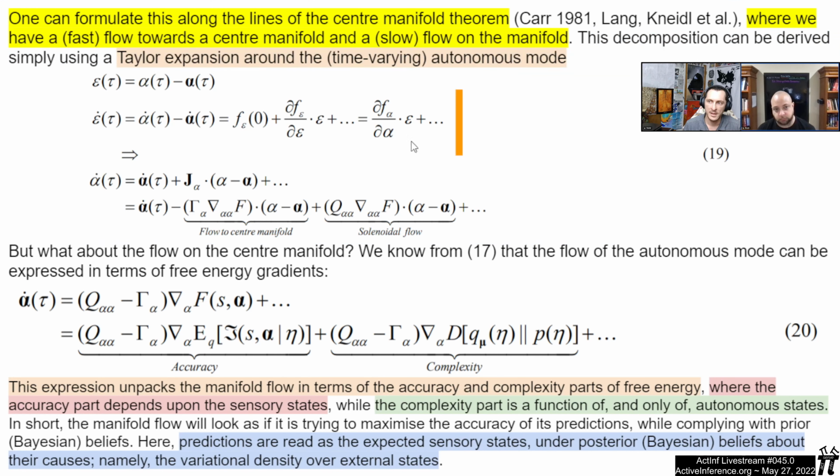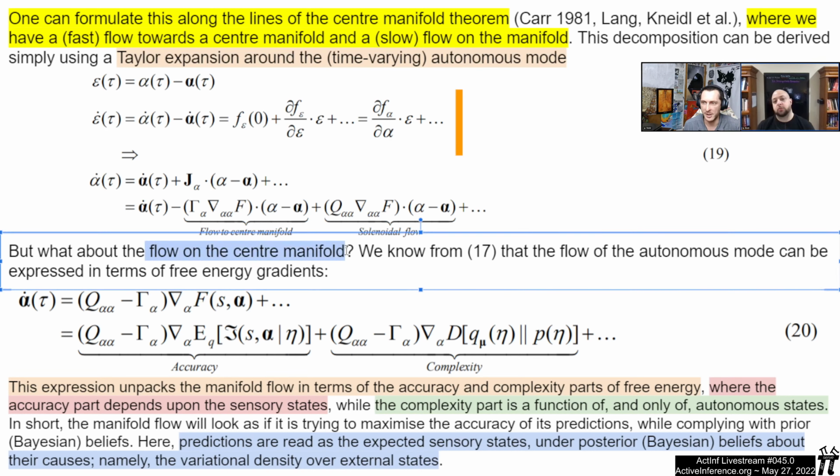So, here is a Taylor series expansion. It's evaluating a function at a given point, usually 0, and then taking its first derivative, and then its second derivative, and using higher and higher derivatives to approximate increasing distances from the reference single point where that function was actually evaluated. So how is the Taylor series expansion or other power series expansions related to time-varying autonomous modes?